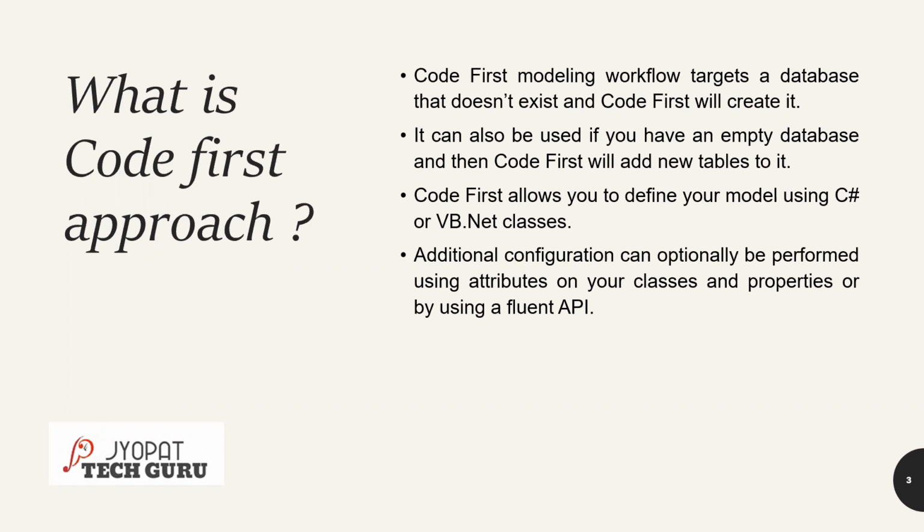It can also be used if you have an empty database, and then code first will add new tables to it. So either you can generate the database and tables, or if you have an empty database, it can create the tables accordingly. Code first allows you to define your model using C# or VB.NET classes. Additional configuration can optionally be performed using attributes on your classes and properties, or by using the Fluent API.